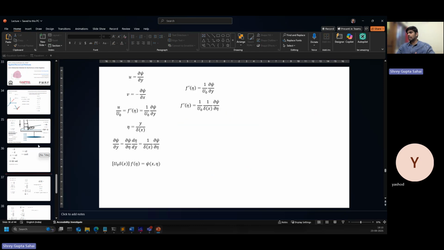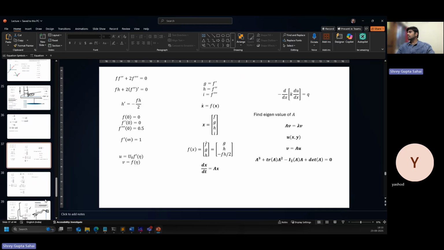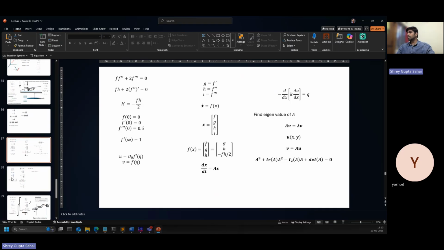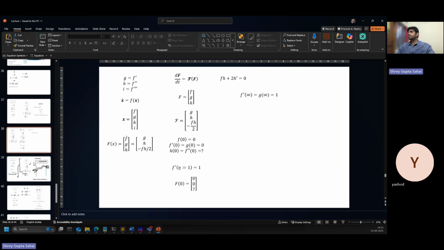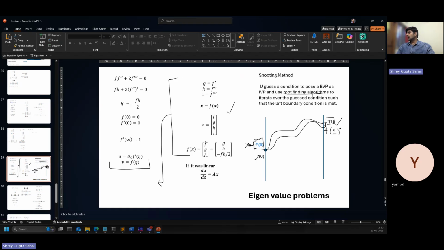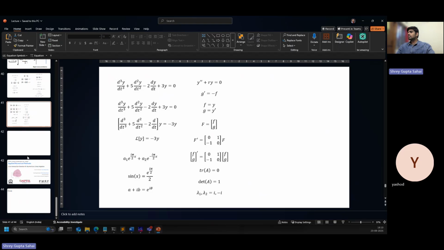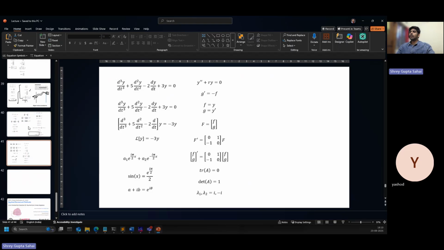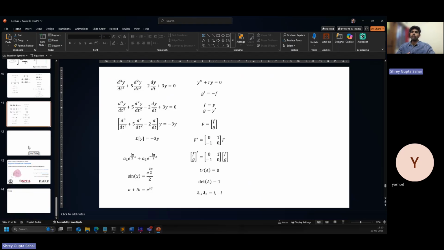Then we figured out the shooting method again. There was another question on what eigenvalues mean physically. Then we continued the discussion on the shooting method, and I continued with singular value decomposition and its application. This is where we stopped.